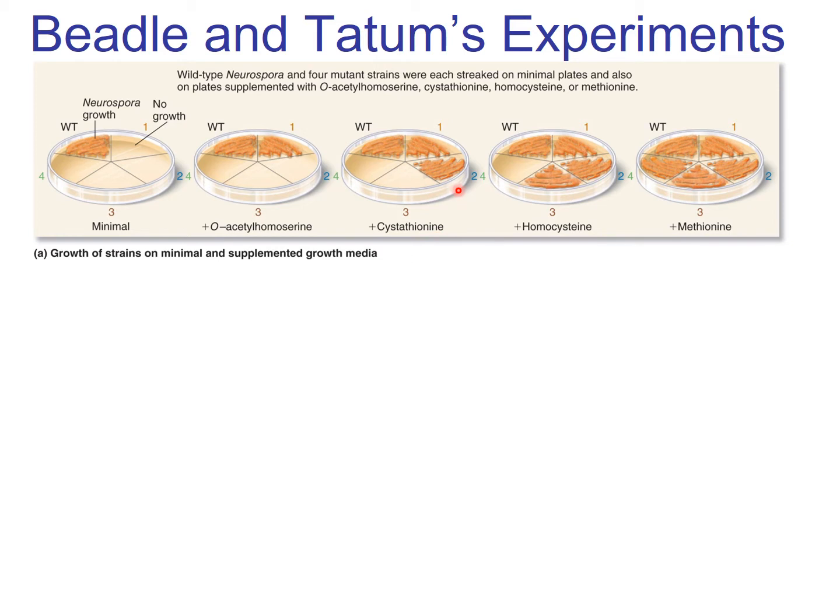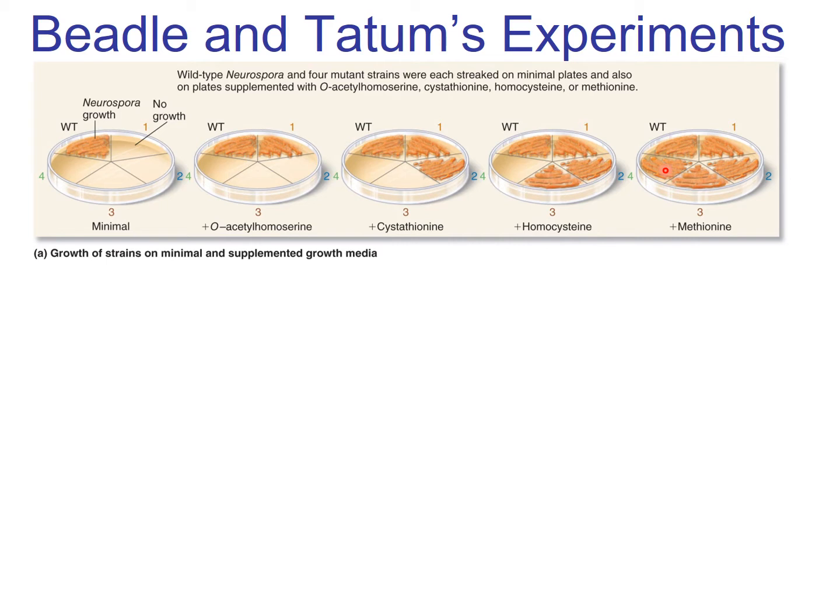However, adding cystathionine did, and then adding homocysteine and methionine allowed number 2 to grow. Mutant number 3 wouldn't grow with cystathionine; it needed homocysteine or methionine. And then the last one wouldn't grow at all unless you gave it methionine.